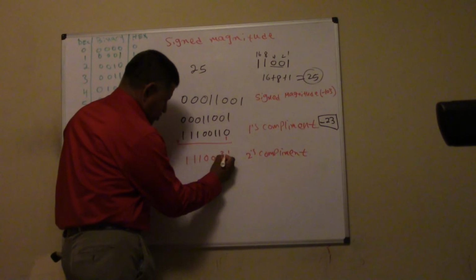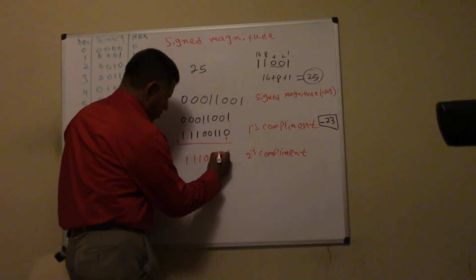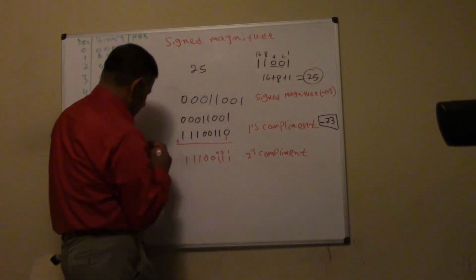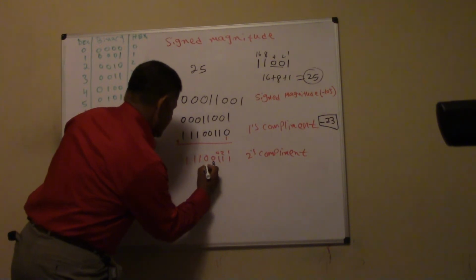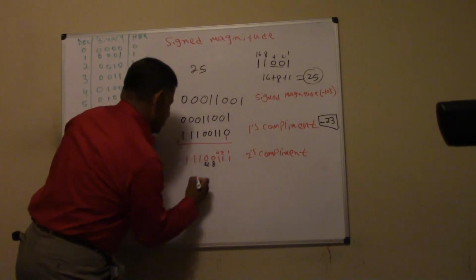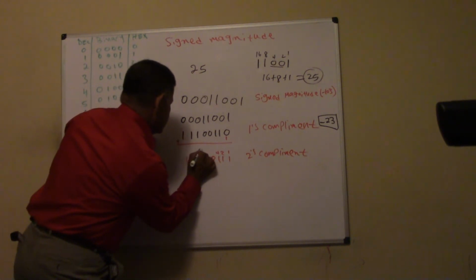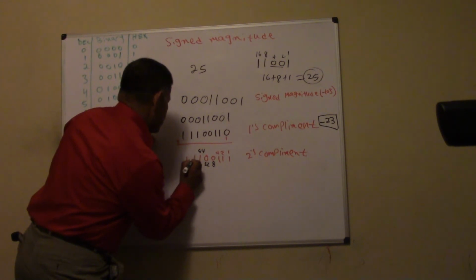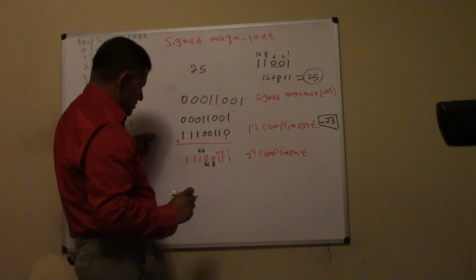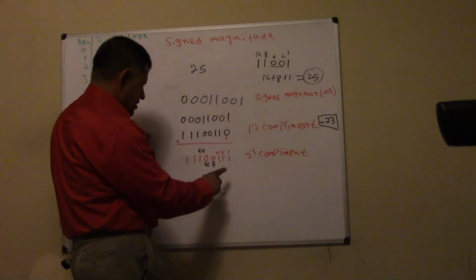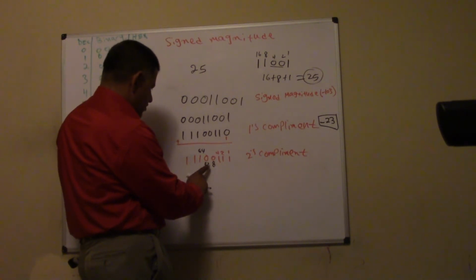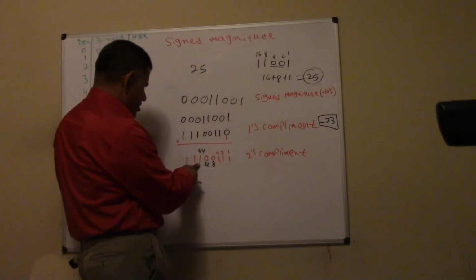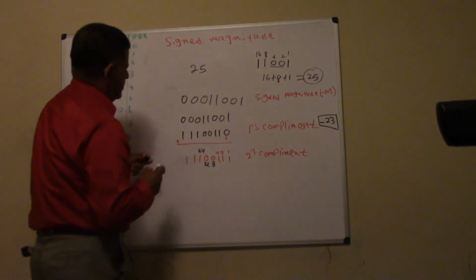Then 2, 4, 8, 32, 64. Actually, wait a second. 1, 2, 4, 8, 32, 64. Wait a second. Let me go back to this.